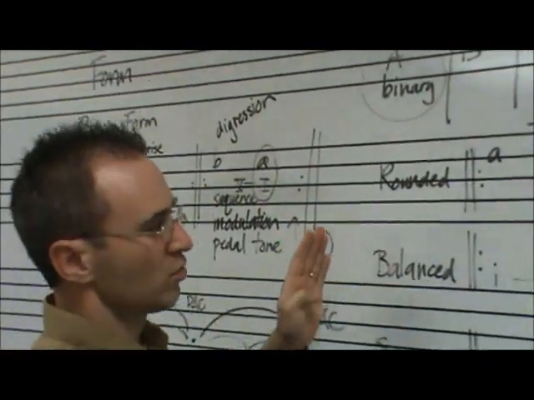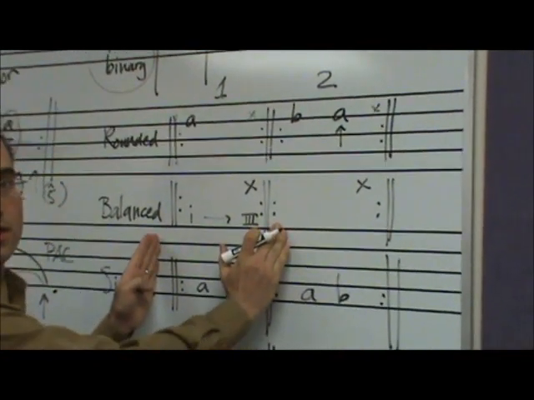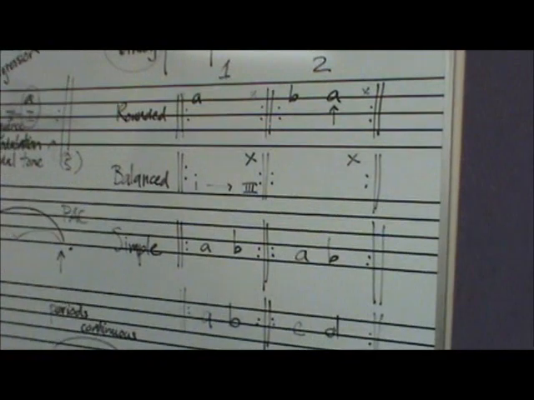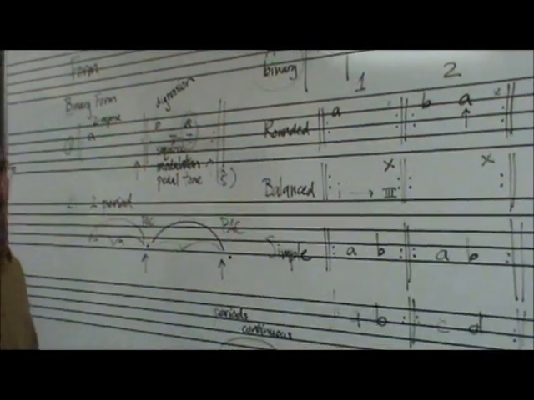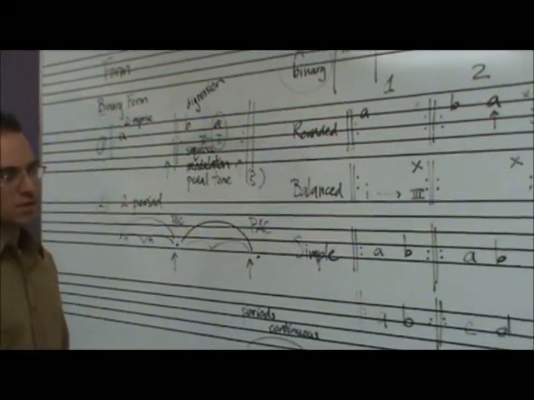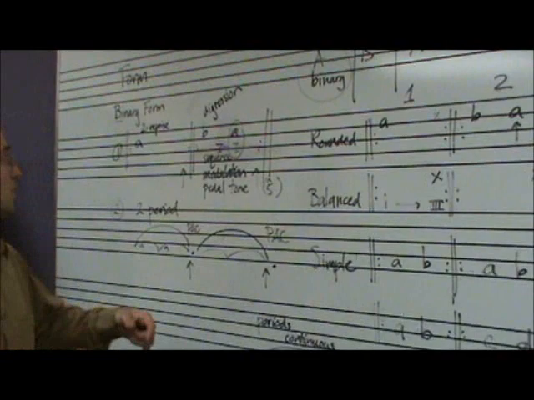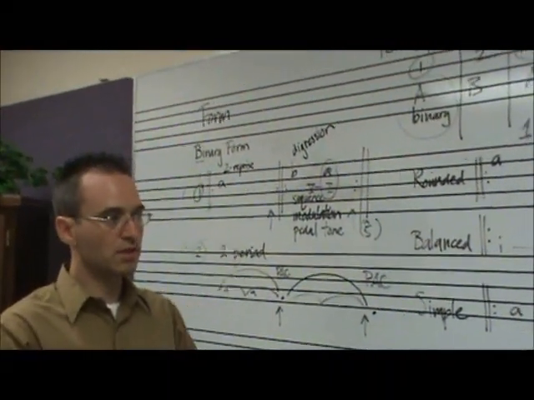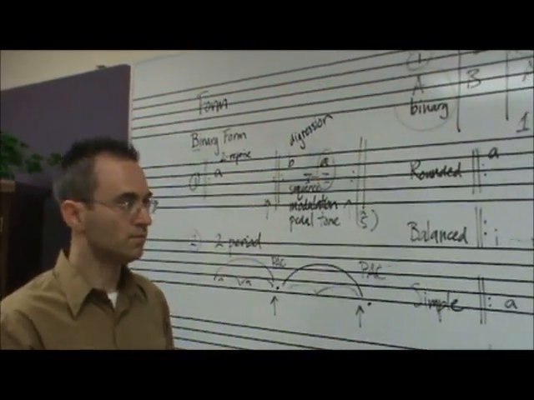Here, we don't have to look at the beginning of the second section at all. All we're looking at is the end of the first section. That's a real difference between periods and binary form. So it's the same term, continuous here, continuous there for binary, but they have very different meanings. So just make sure you get those straight and you don't get them confused one with the other.